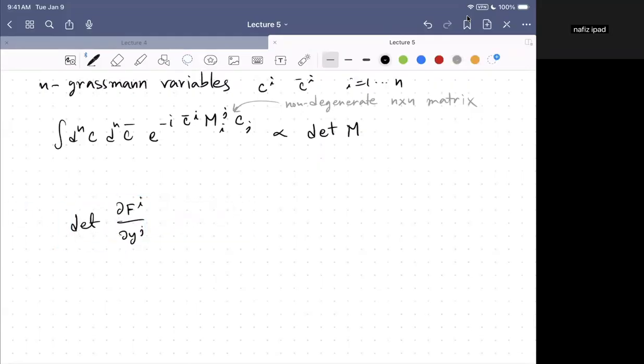This determinant is an integration over Grassmann variables like this. Okay.